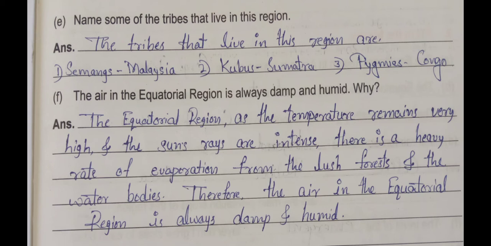Fifth question: the air in the equatorial region is always damp and humid. Why?